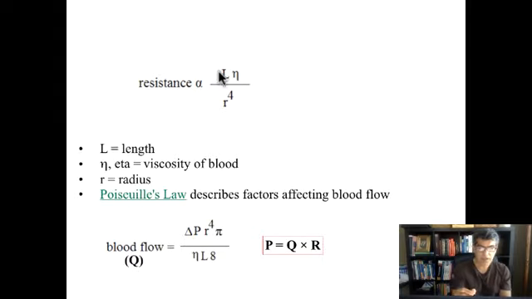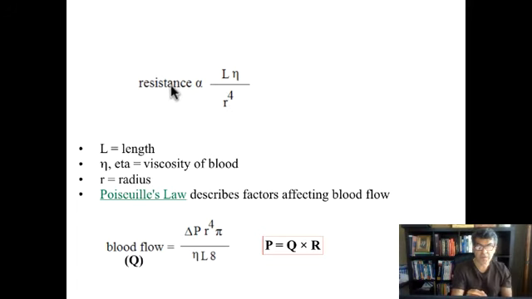As you can see, length has a role also, with eta. So if I want to decrease the resistance in an organ, can I cut the vessel short to decrease resistance? That doesn't make sense. The best way to change resistance would be changing the r. We give medication to the patient that is going to make the vessel constrict or relax.